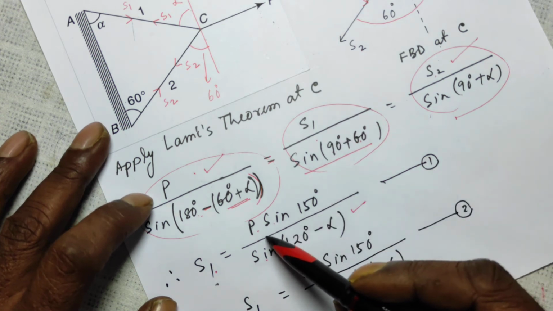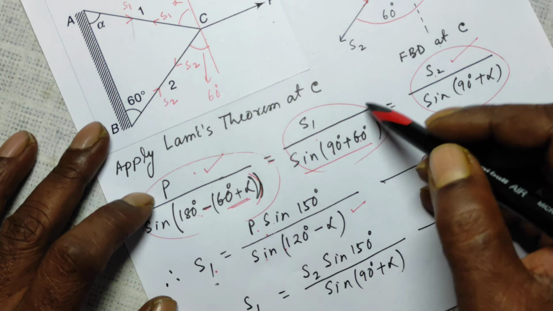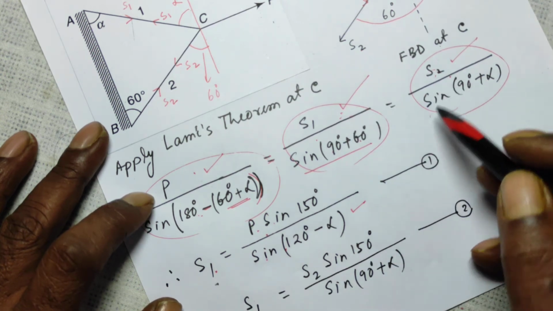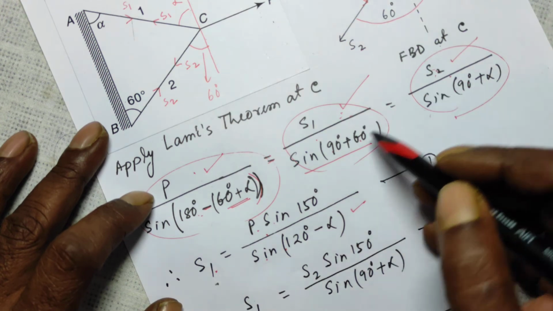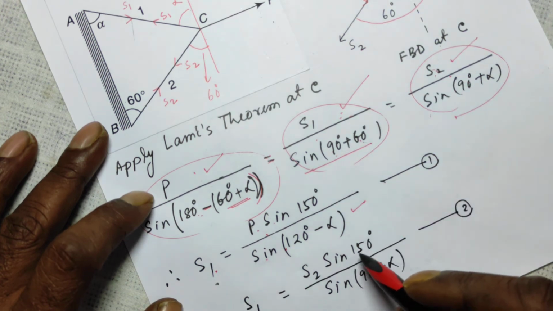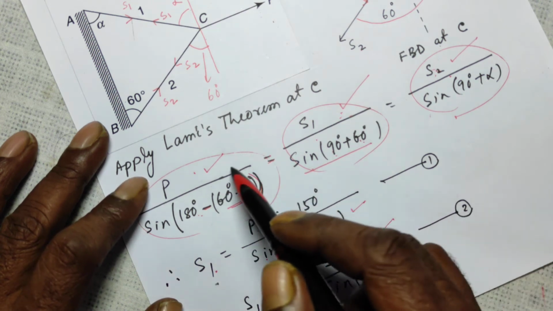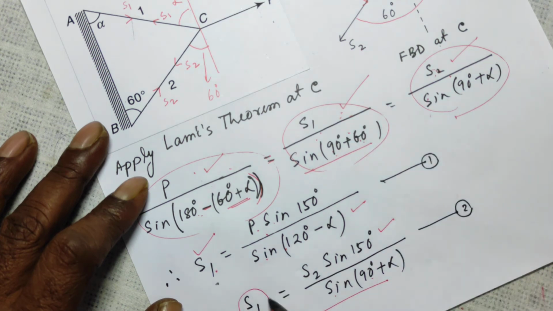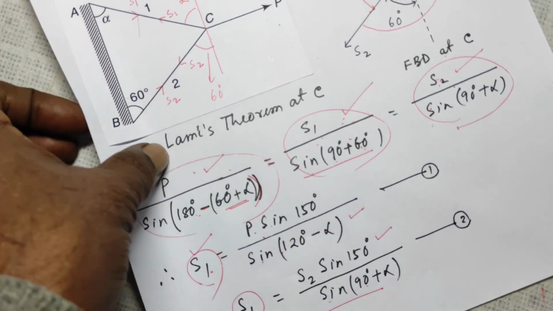S1 in terms of S2: if you cross multiply these two, you get S1 as S2 sine 90 plus 60, that is sine 150, over sine 90 plus alpha. From these two, by cross multiplying, you get the same S1, right? Now let me go to the next phase.